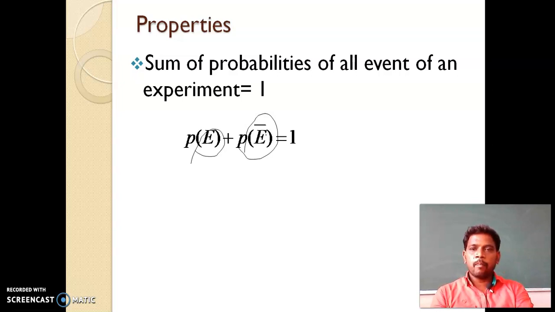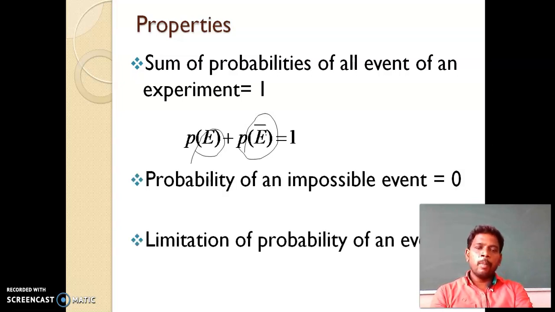Okay, right? So the next property, the second property, is nothing but the probability of an impossible event is 0, and the third one is the limitation of the probability. The probability for an impossible event is 0, and the maximum value of the probability is nothing but 1.